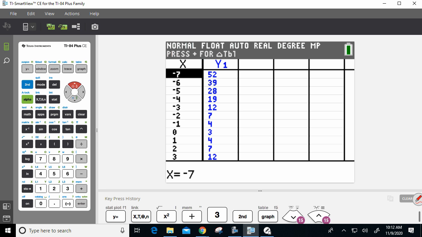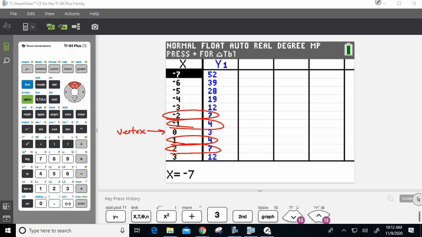So now we need to fill in our table. 0, 3, that was your vertex. So you need 4 more points. So pick 2 values that are less than the vertex. Pick 2 values that are greater than the vertex.